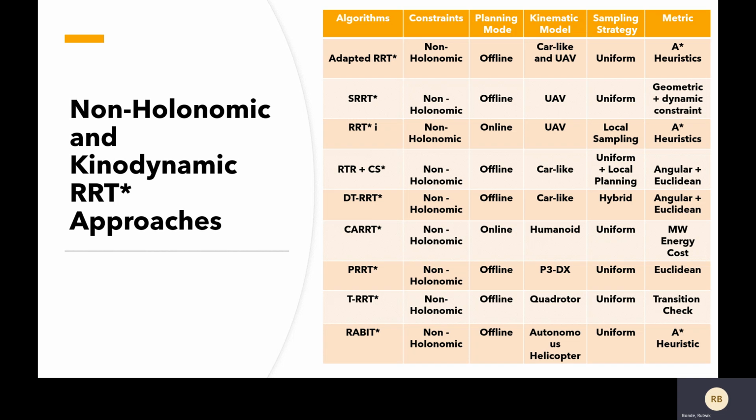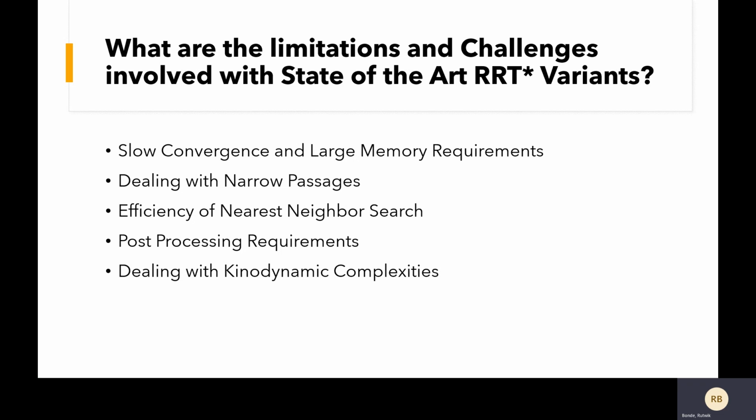Now let's go further and see what the limitations and challenges involved with the state-of-the-art RRT star variants are. The existing state-of-the-art requires improvement, particularly in terms of accuracy, efficiency, robustness, and path optimization. Optimal path planning is a challenging problem, and for online planning applications, convergence to the optimal path is even more important.